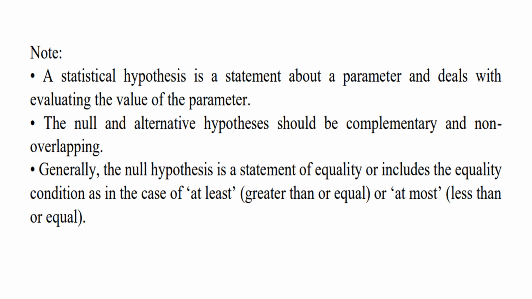Note, a statistical hypothesis is a statement about a parameter and deals with evaluating the value of the parameter. So in dealing with your null and alternative hypothesis, your null will show you an equality. Your alternative is totally opposite of your null.